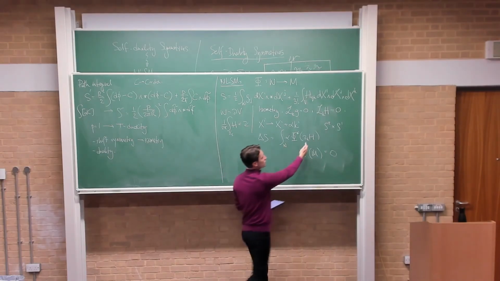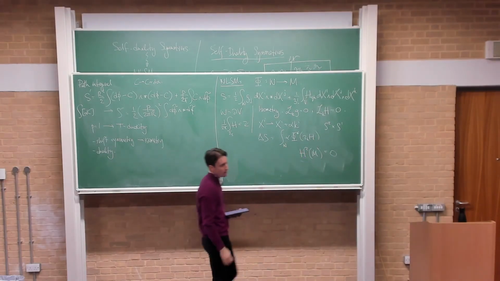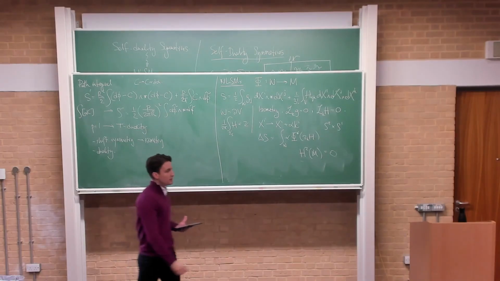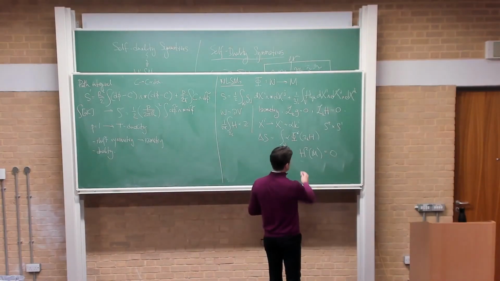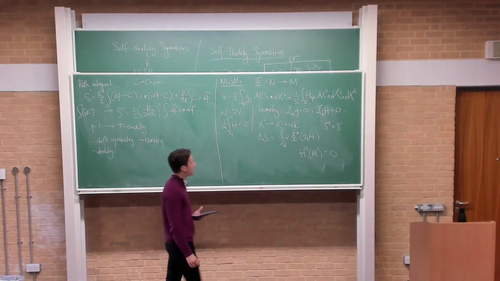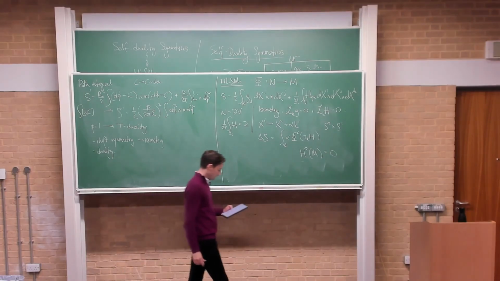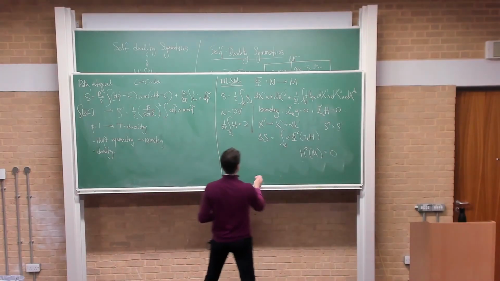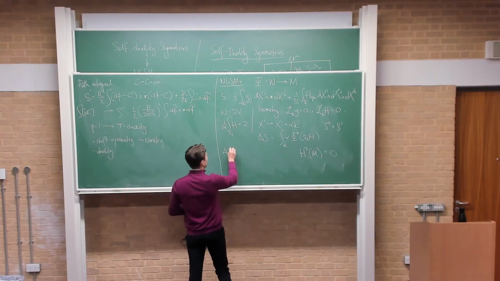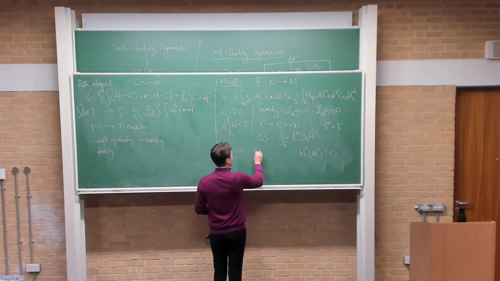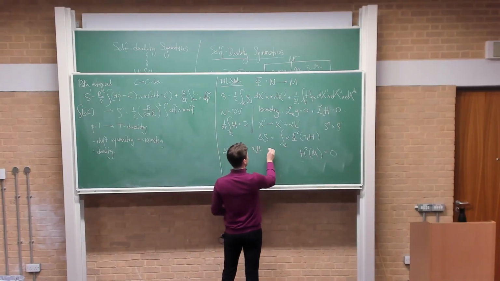But that depends on your choice of killing vector and your choice of H. So, as we were saying, this is clearly 0 if the contraction of H is exact.